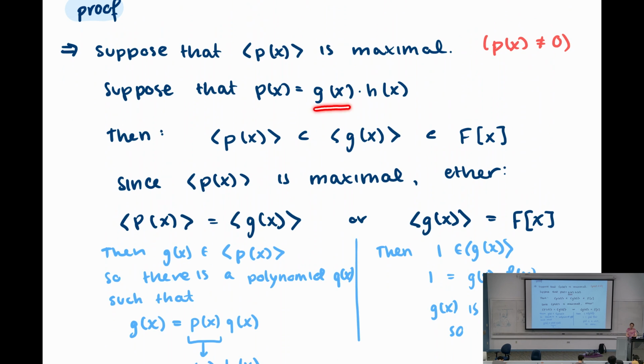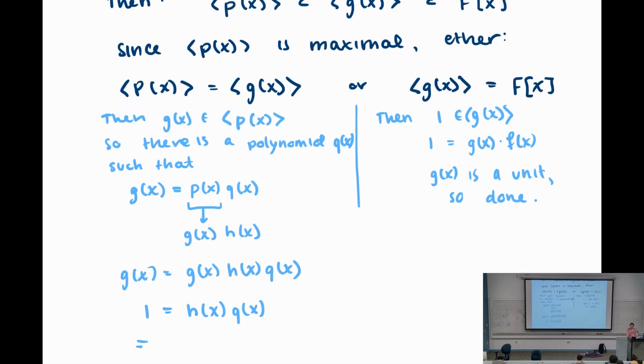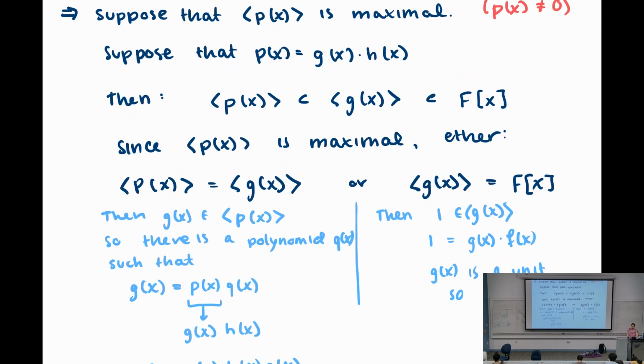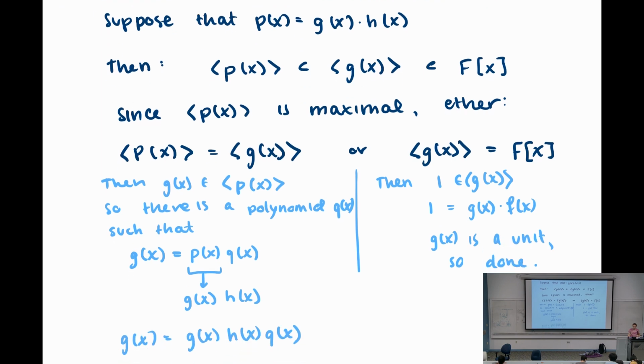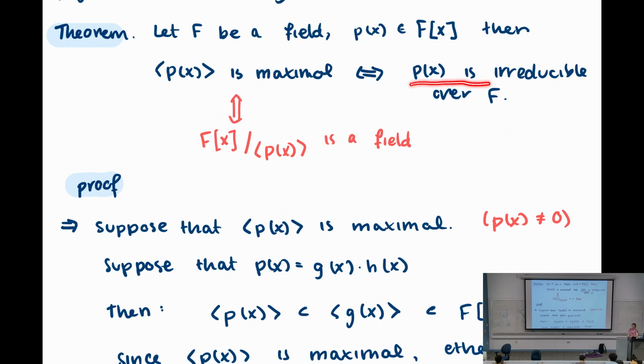We wanted to show that either G or H was a unit. So that means that H is a unit. Okay, so what did we do? We showed that whenever we factor this polynomial P(x), one of the factors is a unit. That means there are no proper factorizations of P(x), so we can conclude that P(x) is irreducible, which is what we wanted to prove.